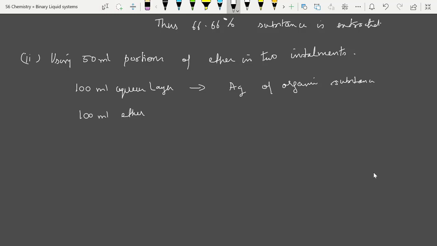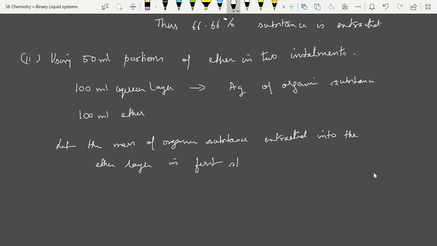So let the mass of substance extracted into the ether layer in first step, that is when you have used only 50 ml of ether, be x1. So concentration of ether layer will be x1, mass divided by volume, which is 50.